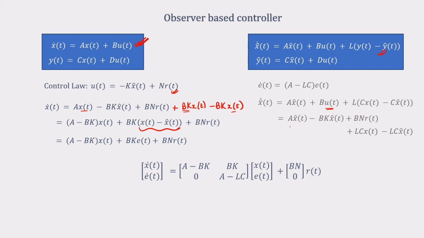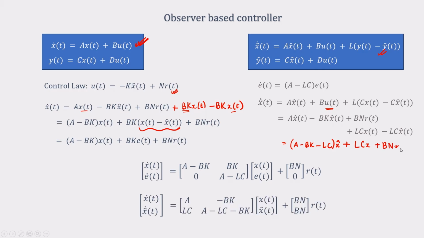From this expression you can see I can take (A minus BK) x hat as common, and then from here I can take (A minus BK minus LC) x hat, and from this part I have LC of x plus B N r. So, these equations can be rewritten in this form: LC x plus (A minus LC minus BK) x hat plus B N r.